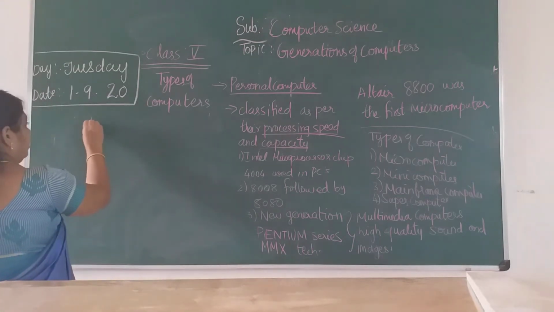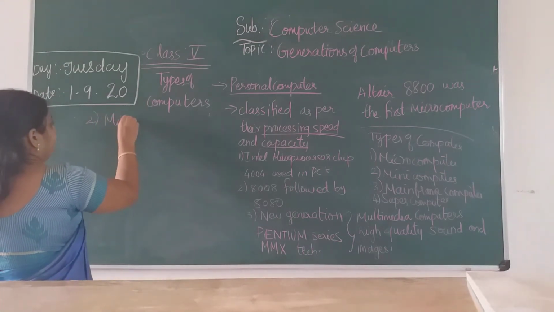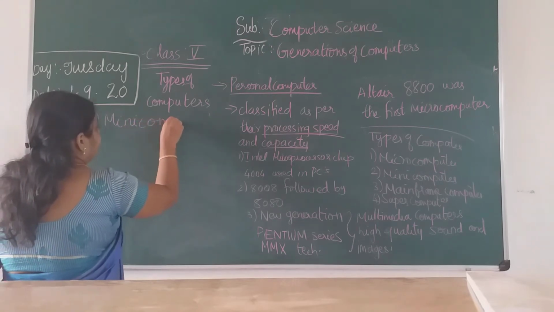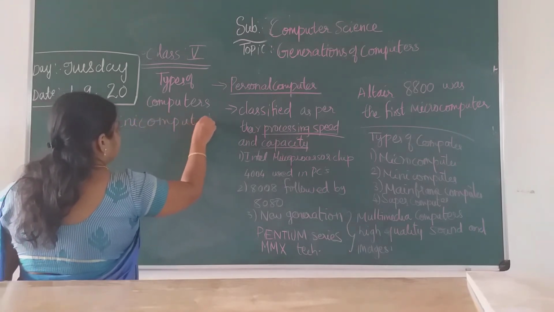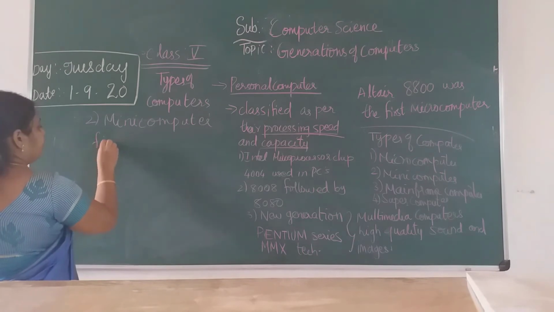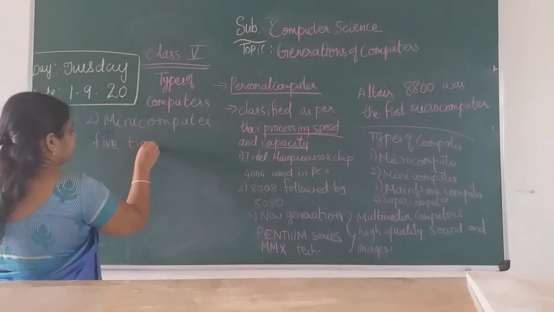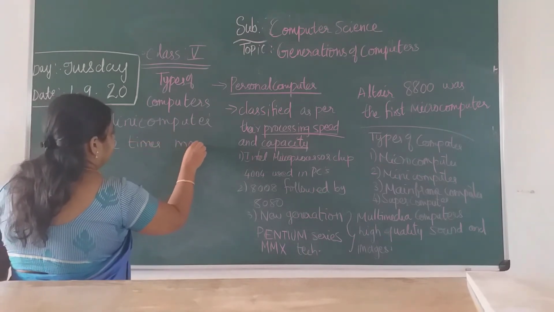So second one, it is mini computer. This mini computer is 5 times faster than the microcomputer.